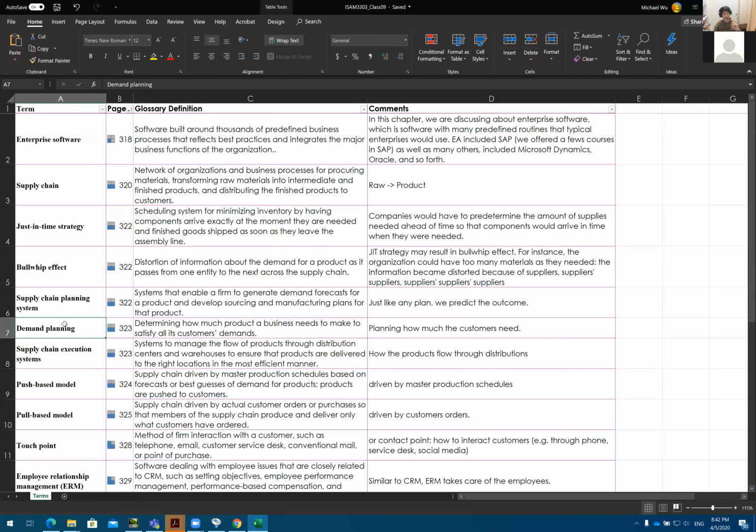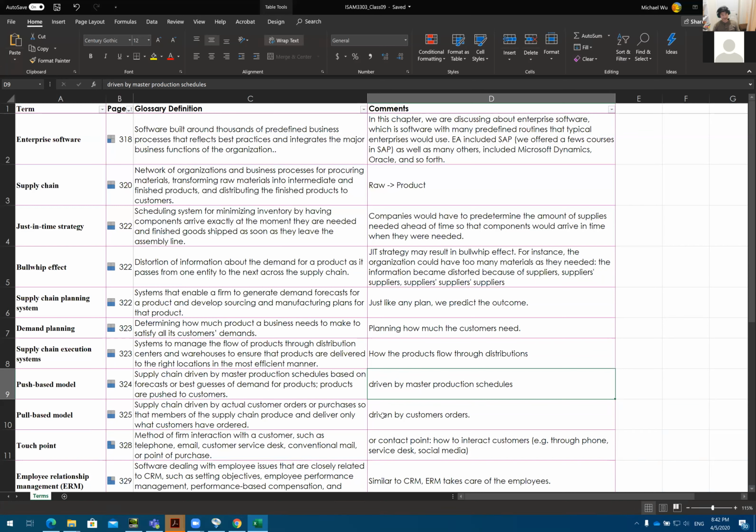So one is predicting how many supplies you can get. The other one is how much demand the customer has. And those two are actually related to the push-based model and pull-based model, right? Push-based model means driven by the master production schedules, which again has something to do with the supply chain.